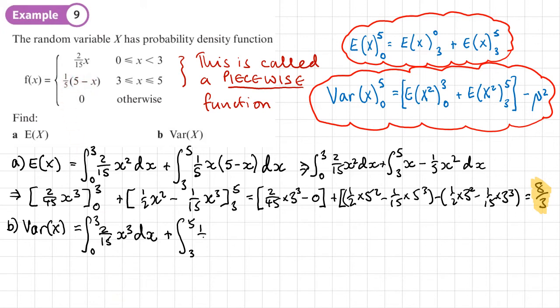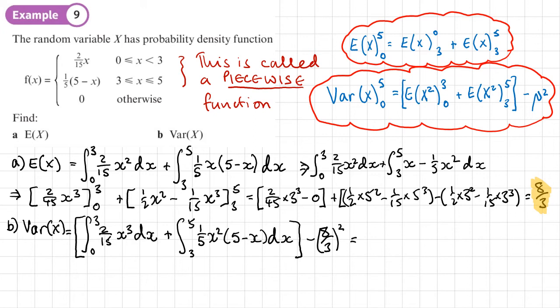So we'll have 1/5 x squared (5 minus x). And then we're going to put that in big brackets. And once we've added those two together, we'll subtract the mean squared. So we'll subtract 8 over 3 squared.